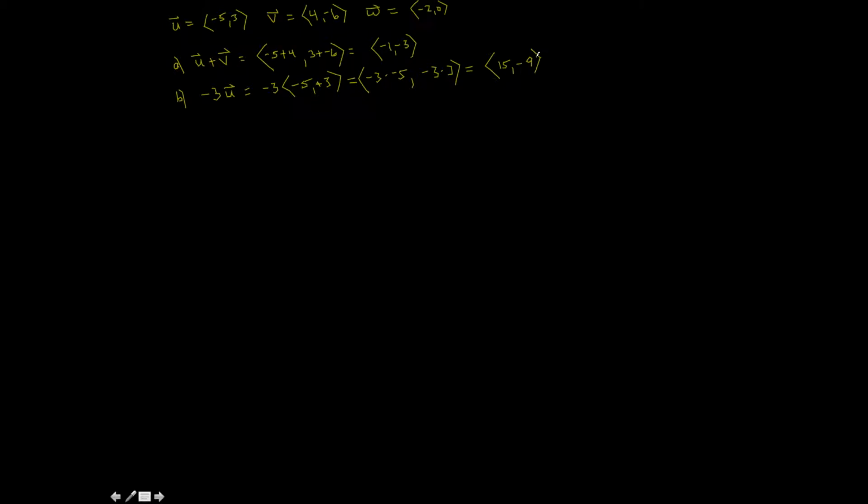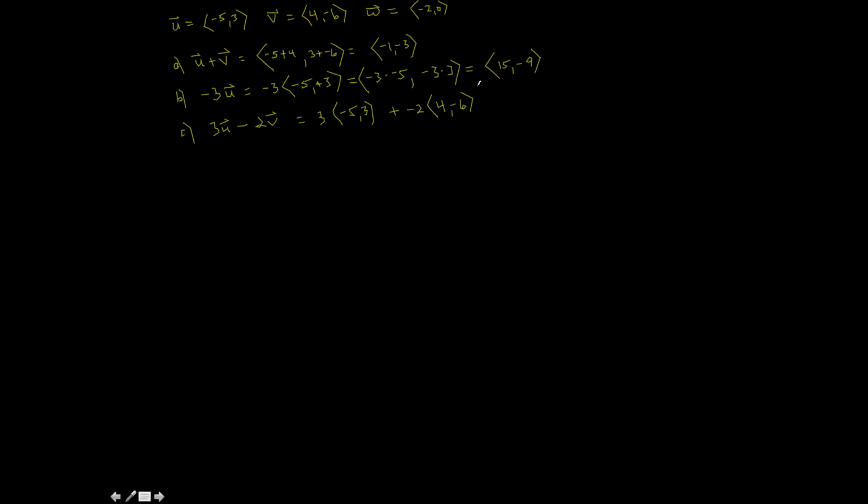All right, well, what about 3u minus 2v? See, this is where scalar multiplication gives us subtraction, because we really don't have a way to subtract as of yet. So the way you're going to write this, of course these are vectors, is 3 times the negative 5, 3, plus negative 2 times 4, negative 6.